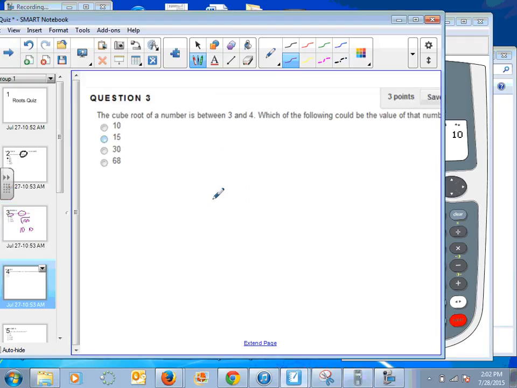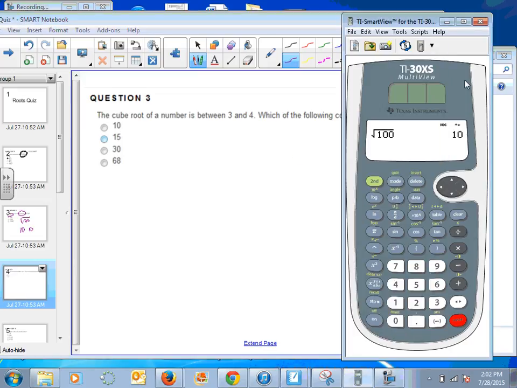A cube root of a number is between 3 and 4. Which of the following could be the value of that number? Cube root again, so let's go down this list. Let's start with 10. The cube root of 10 is 2.15. You're looking for a number between 3 and 4, so that's not it.